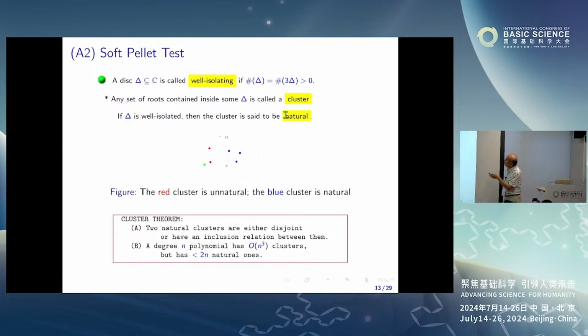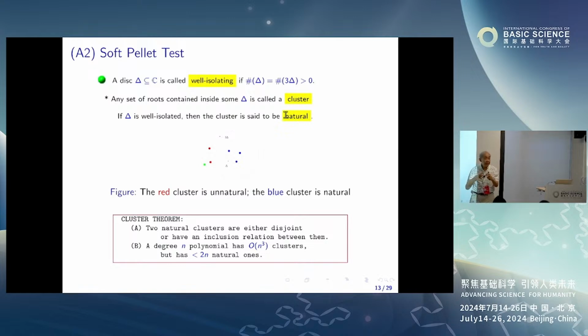If that's a polynomial, of course, you take the roots, and any set of roots inside some delta, but if it is well isolated, it forms a cluster. So for blue, green, cluster.